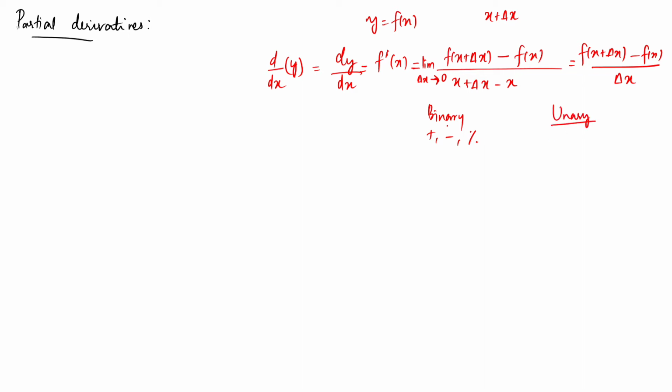For unary: plus 5 or minus 5, used to represent the sign of the number. Then anything else? In computer languages, you have increment and decrement operators. These may be considered as unary operators.